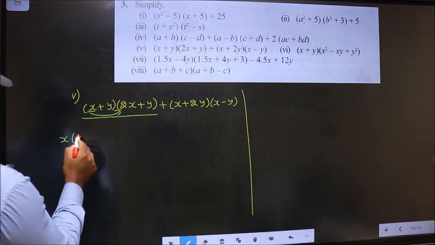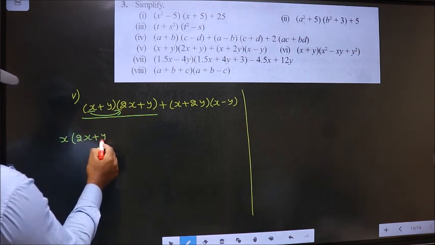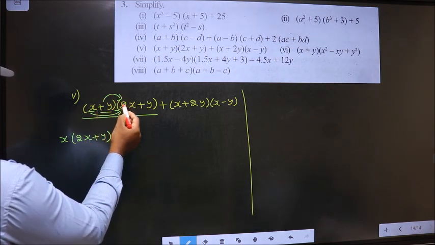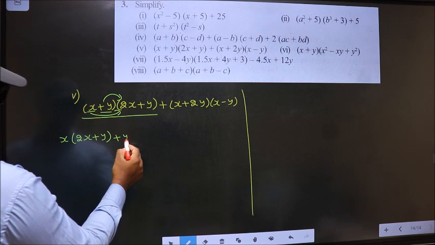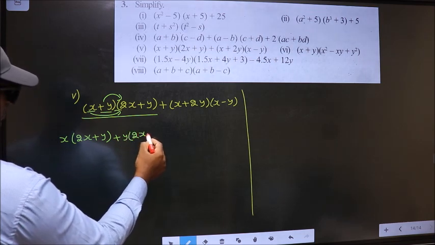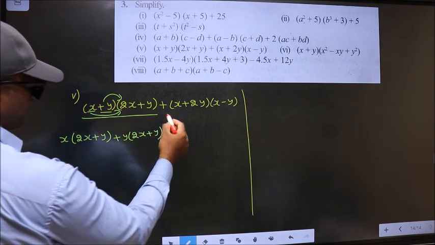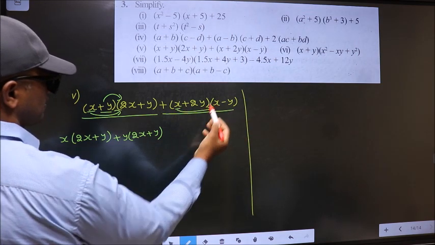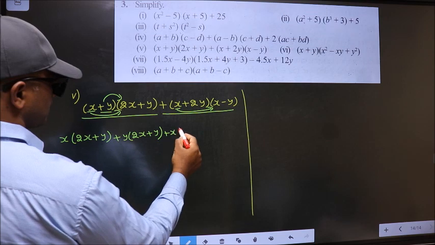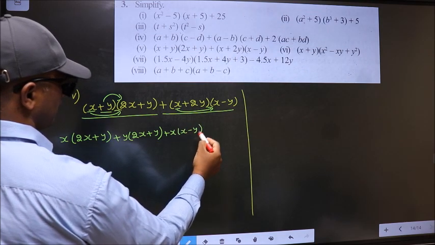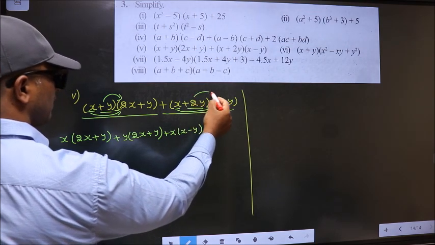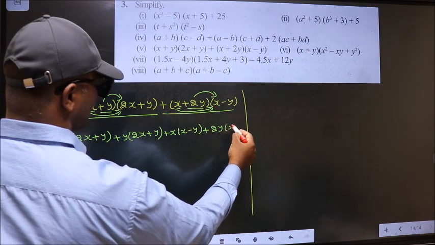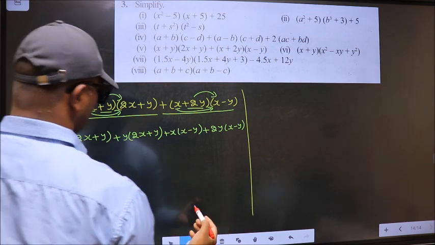We get x times (2x plus y). In the same way with plus y we should multiply this bracket, that is plus y into (2x plus y). Now here with x we should multiply this bracket, that is plus x into (x minus y). Now with plus 2y we should multiply this bracket, 2y into (x minus y).